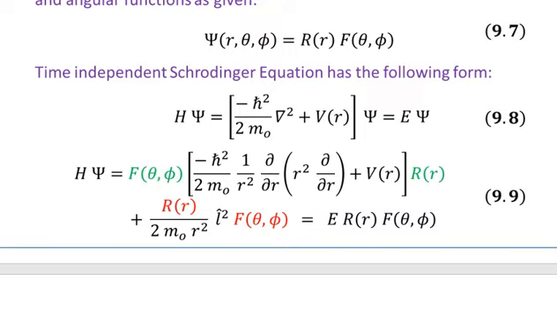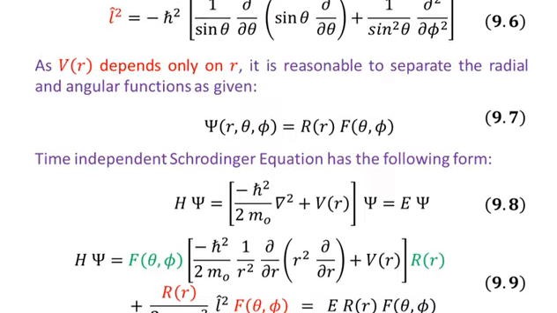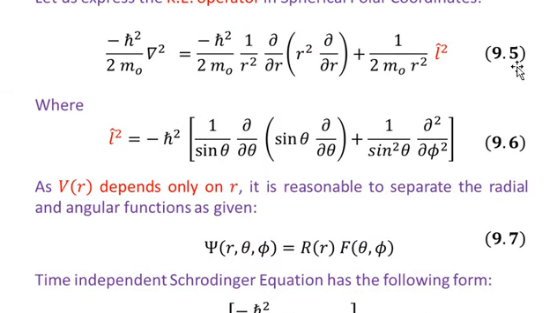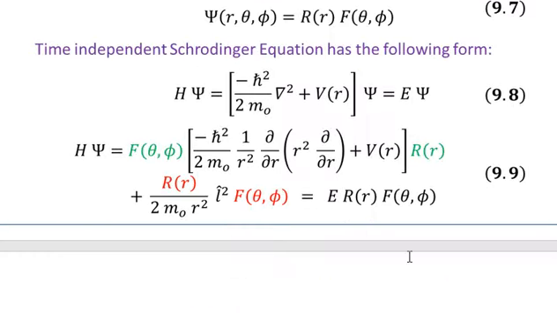Now once I have done that, of course there is one quantity which is in equation number 9.5, which is 1 over 2m naught r square into L square. And since I have substituted my psi wave function, psi will also appear over here in the multiplication. So what I have done is taken capital R, which is the radial part, on the left hand side of this quantity shown in red, and the azimuthal part of the wave function is on the right hand side of the L square operator.